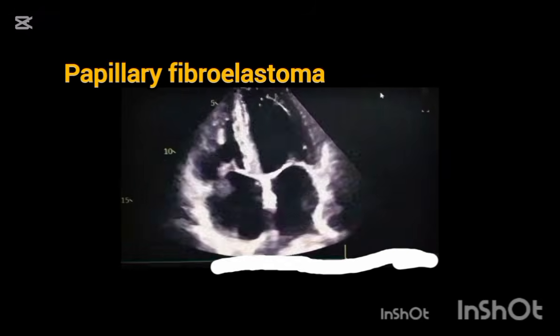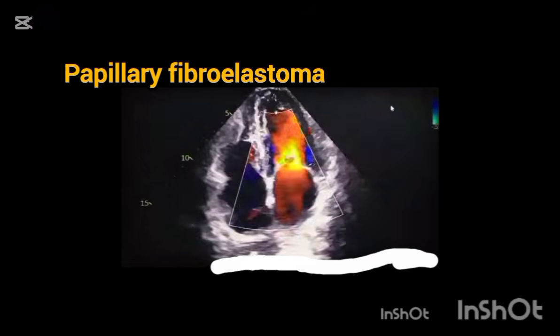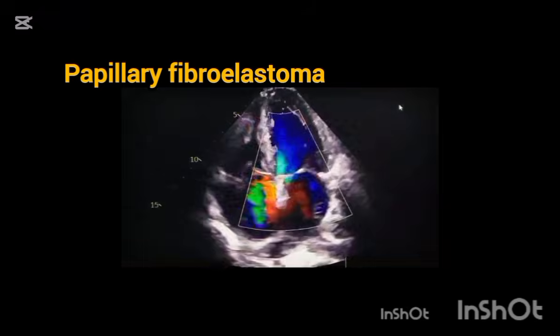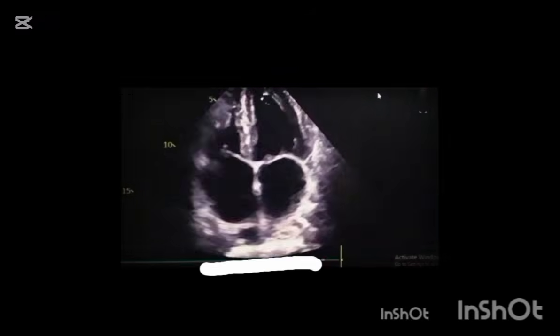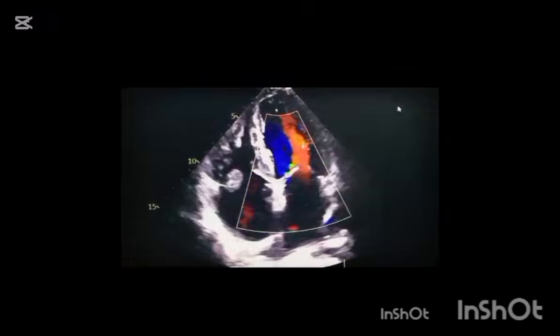Another primary cardiac tumor is fibroelastoma. As you see in this clip, the fibroelastoma is attached to the tricuspid anterior leaflet. Papillary fibroelastoma accounts for approximately 10% of all primary cardiac tumors.